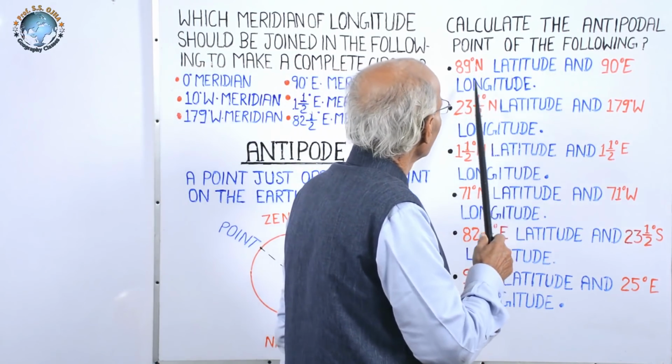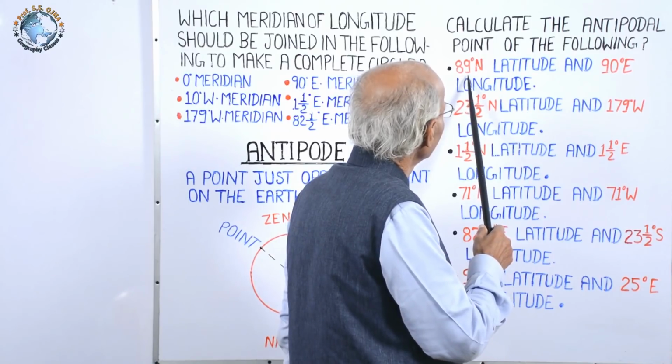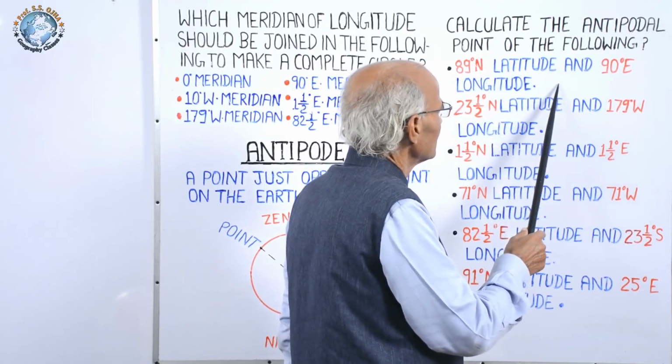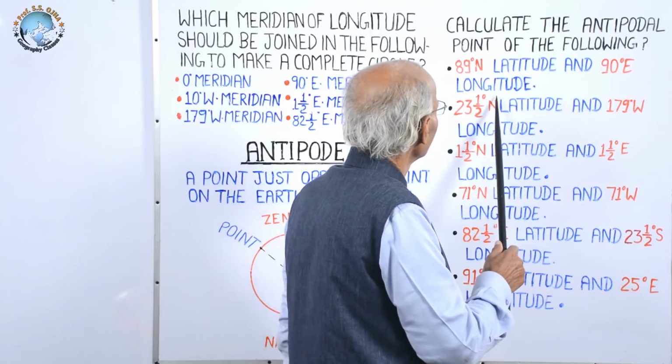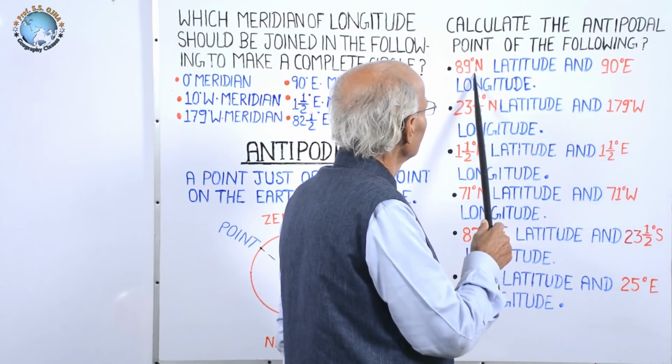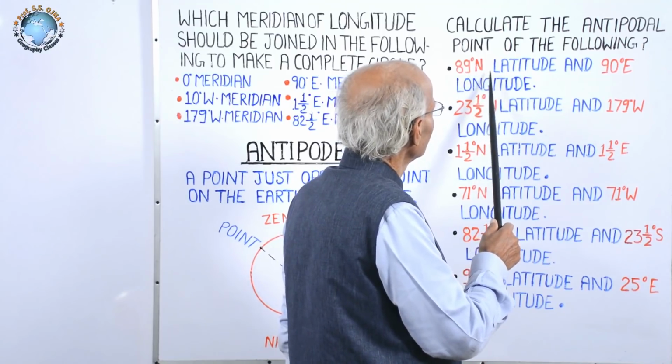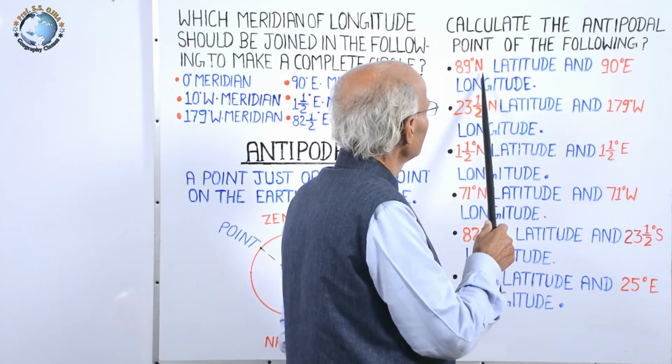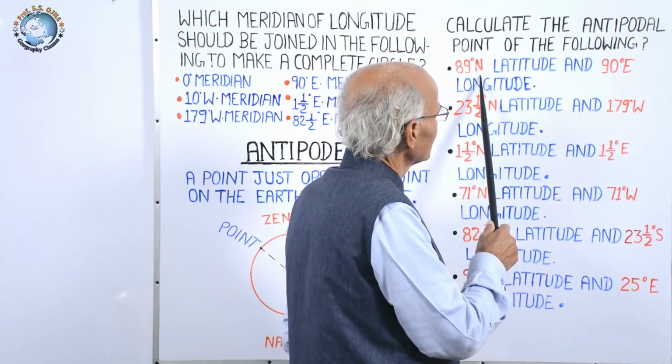Now let us compute the antipodal points on the earth. Suppose the question is 89 degree north latitude and 90 degree east longitude. If it is 89 degree north latitude, its answer will be 89 degree south latitude, as we have discussed.